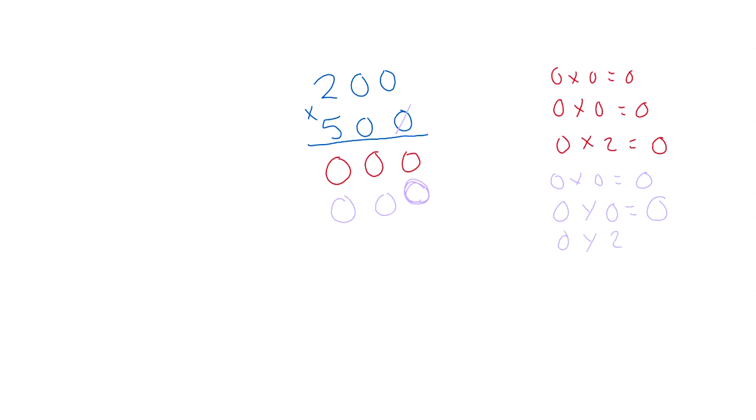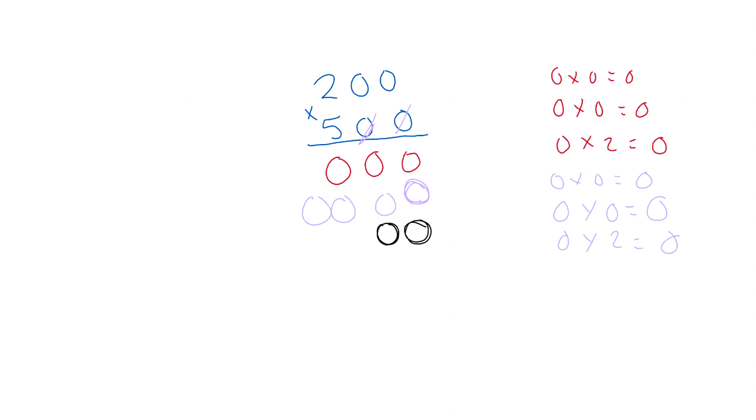Guess what that is, y'all? 0. I now finished using my tens, right? So now I'm going to move on and go to my third row. And guess how many zeros I have to fill in? 1 for the ones and 1 for the tens.